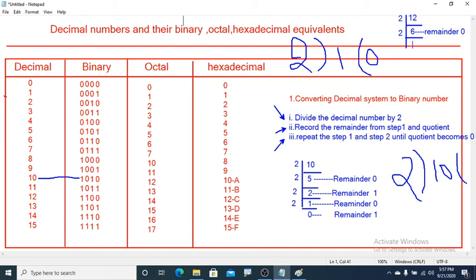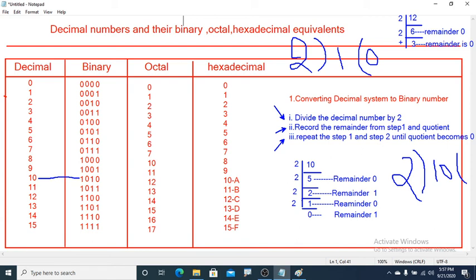So here I am taking 3. 3 is the quotient. So now what is the remainder? Remainder is 0.